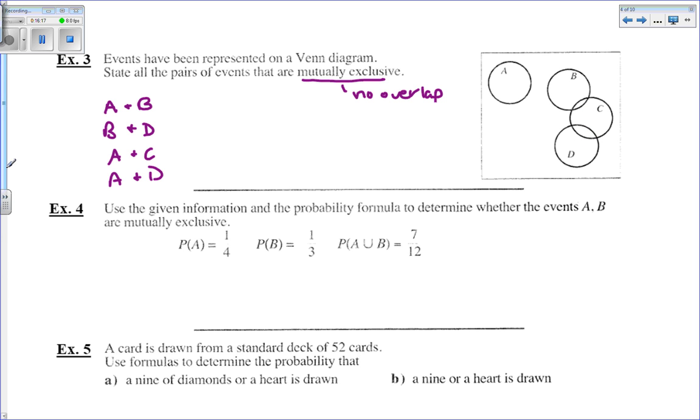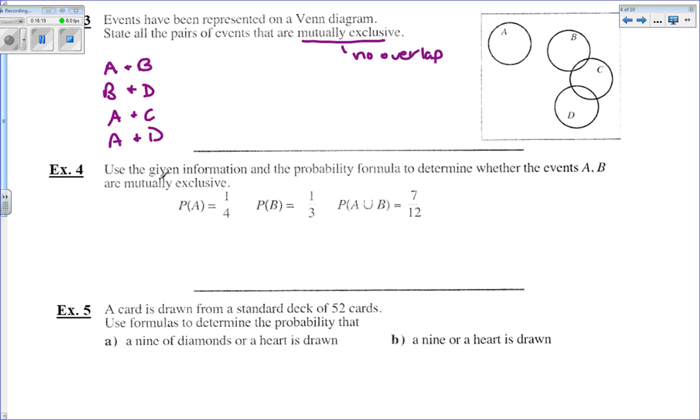Now we're going to actually work with formulas here. So we want to use the given information in the probability formula to determine whether events A and B are mutually exclusive. So we want to figure out which formula actually works here. So the probability of A or B should be equal to the probability of A plus the probability of B if these events are mutually exclusive.